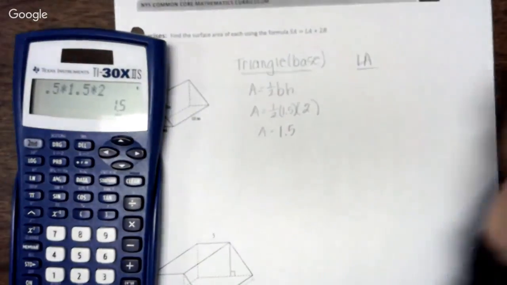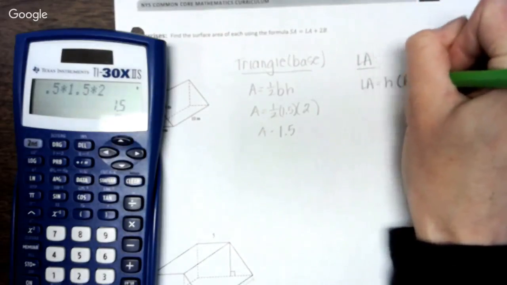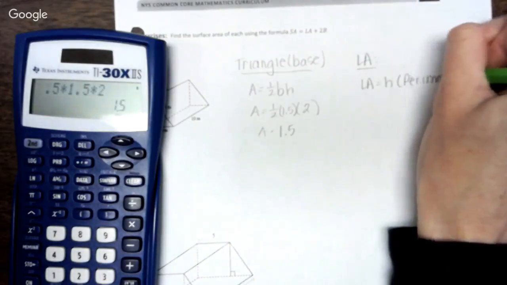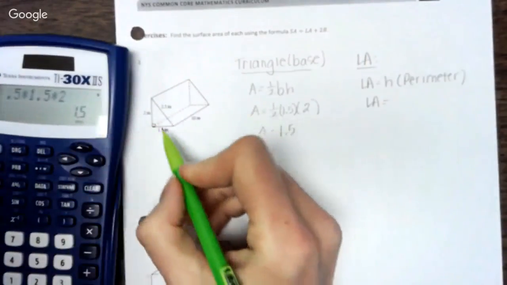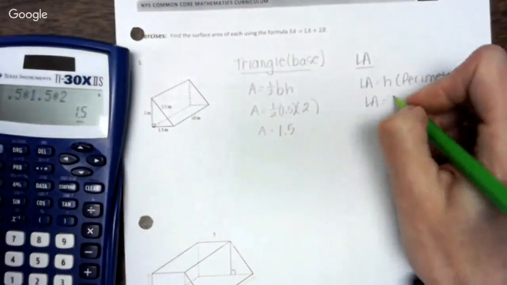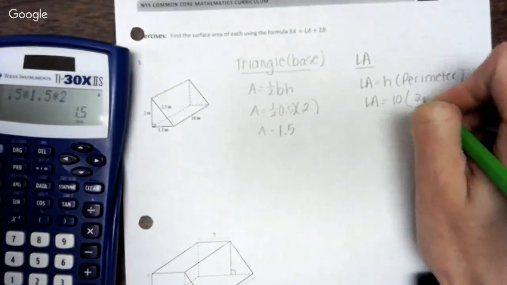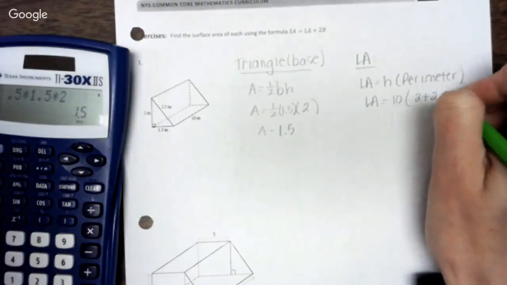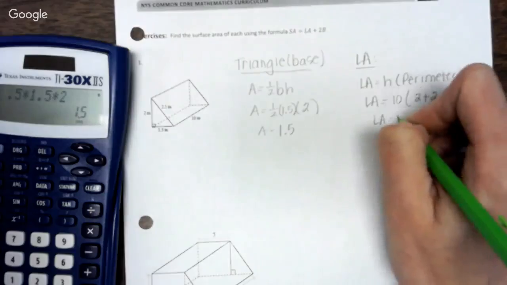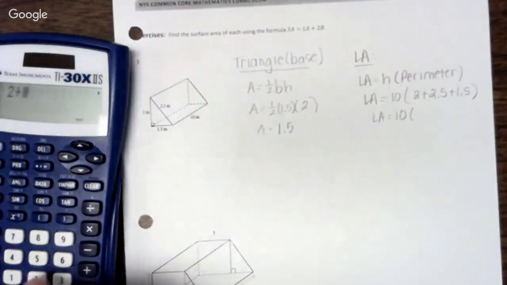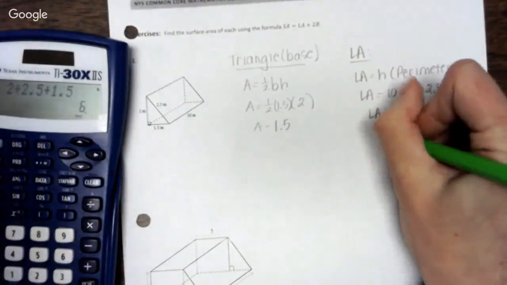All right, now let's do the lateral area, which the formula is height times perimeter. Okay, the height of the prism is how far from base to base, which is 10. The perimeter, it's a triangle, so we're going to add the three sides together. So 2, 2.5, and 1.5 is 6.